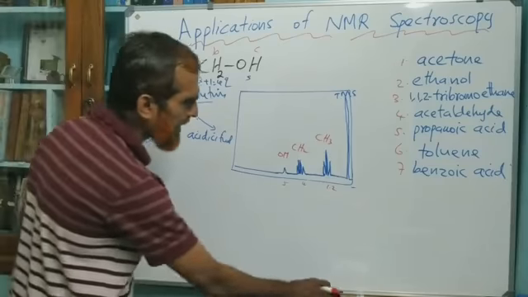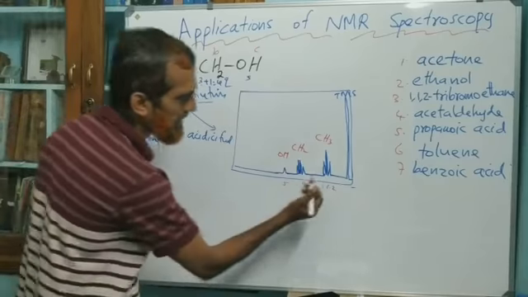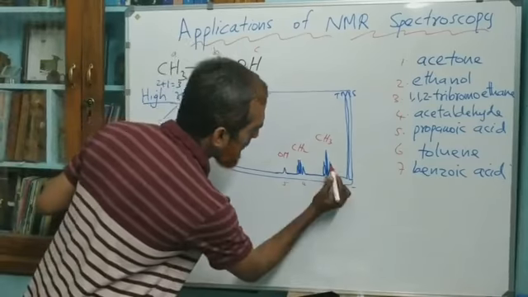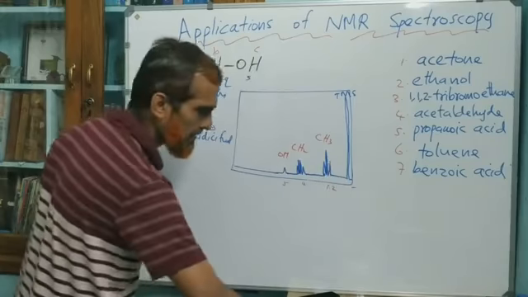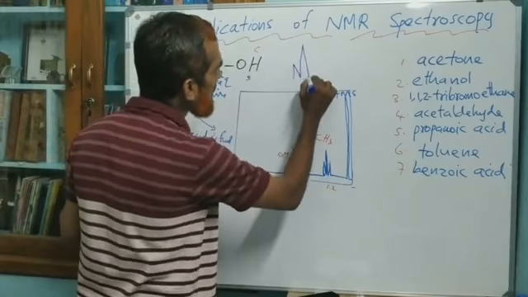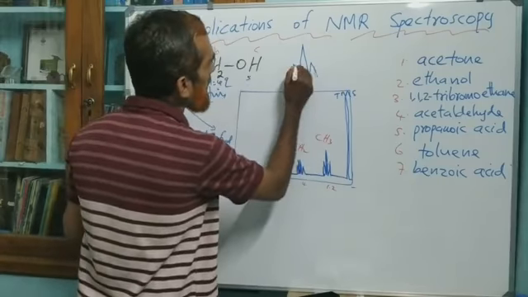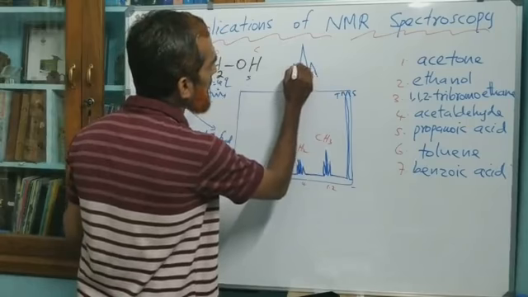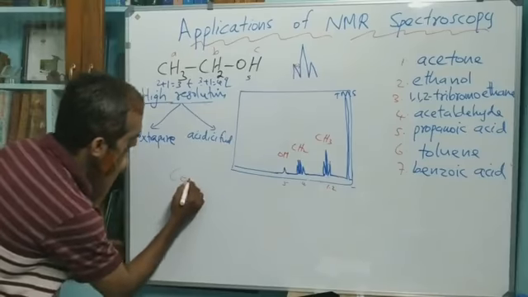Now there is one point regarding spin-spin coupling. See, in a multiplet there is a separation between the peaks. If I show it separately, suppose this is a triplet. Now this separation, this gap, is called coupling constant. You should note that.